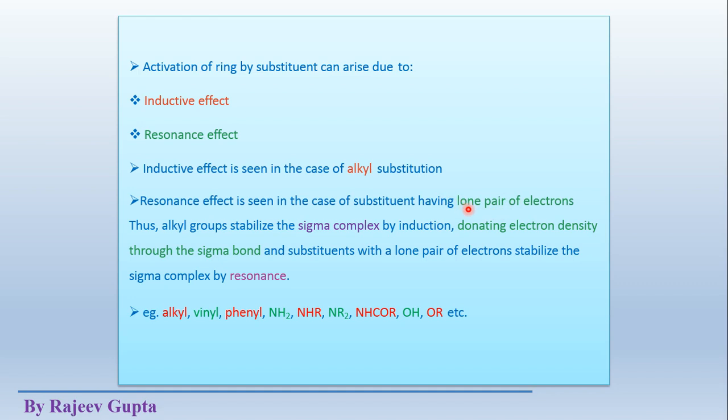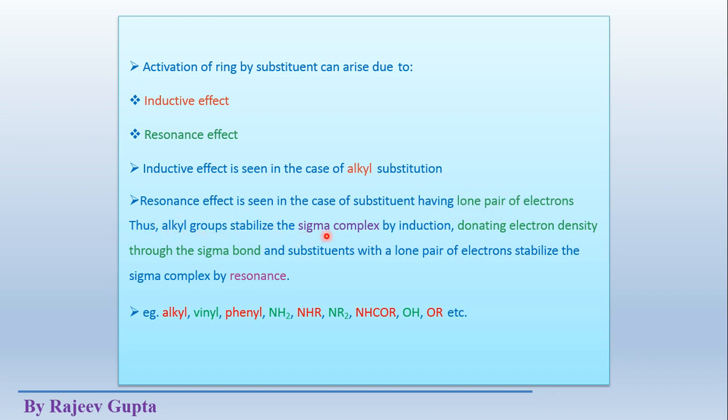Due to this conjugation, the lone pair can go inside the ring system and increase the electron density in the ring, making it more activated compared to pure benzene.